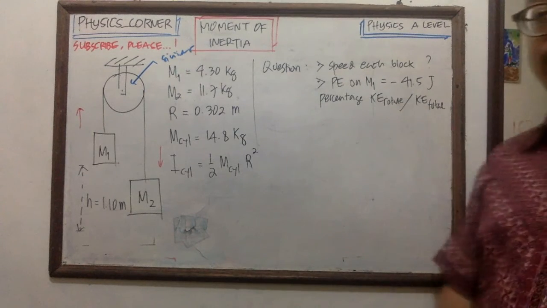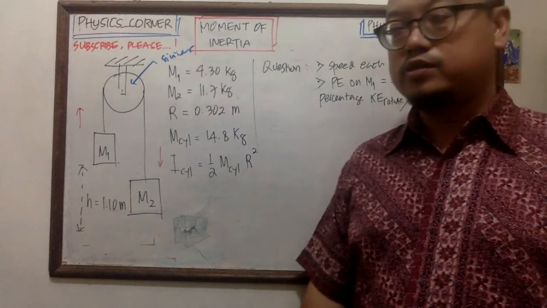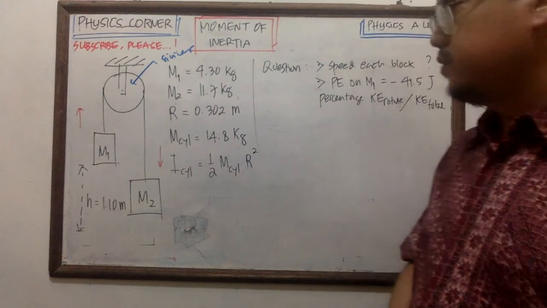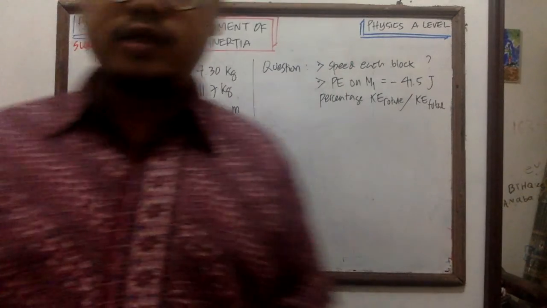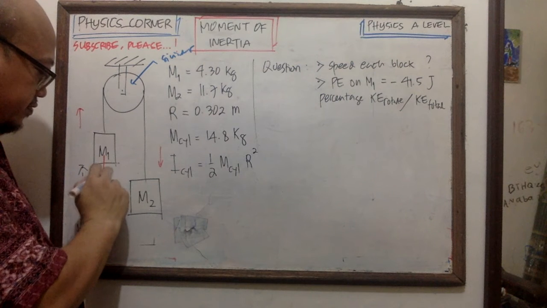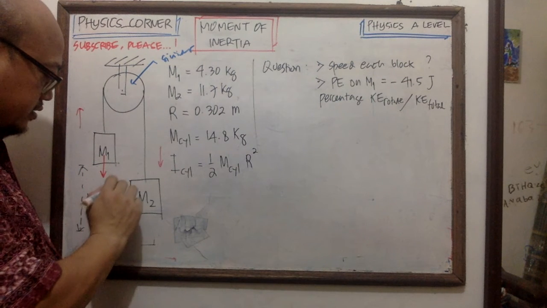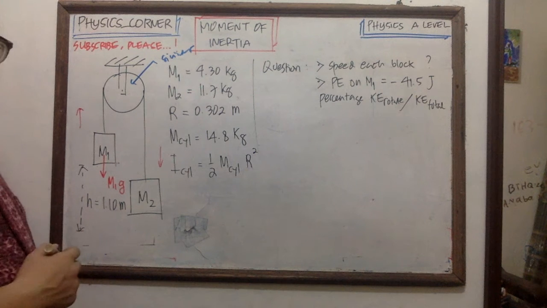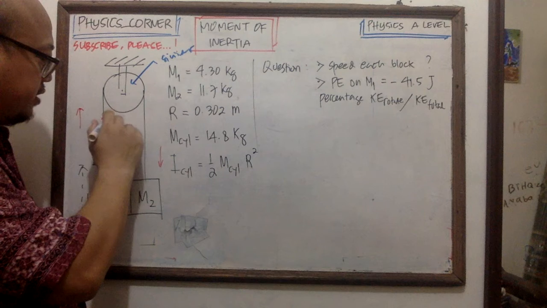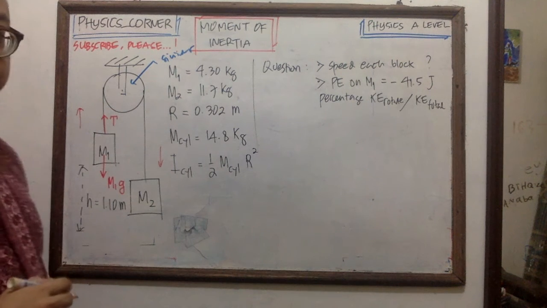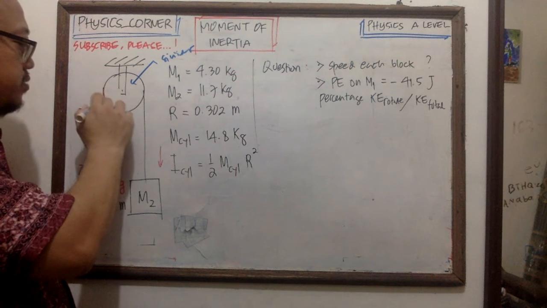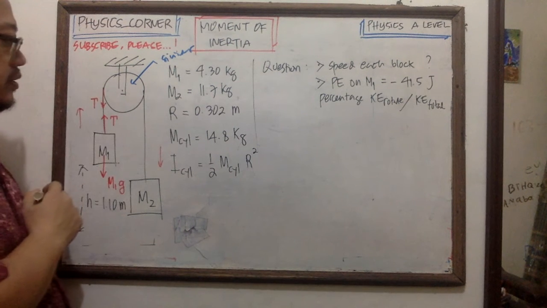Okay, for the first step, we solve this question by drawing the forces acting on each object. On m1 we have the weight m1 times g, and m1 also has the tension in the rope. On the cylinder we also have tension in the rope.